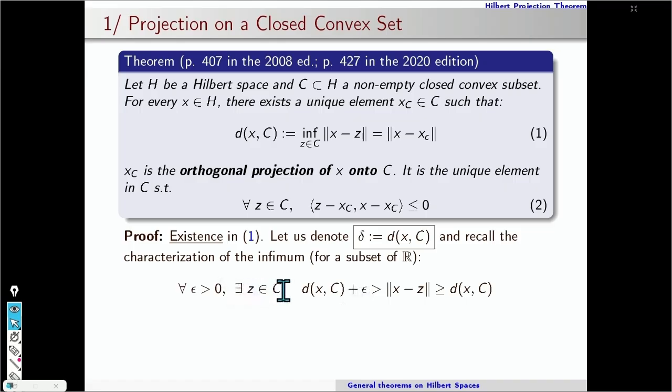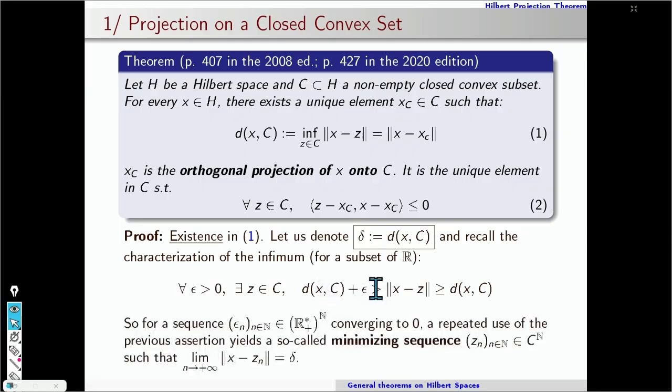So there will exist an element z in C whose distance to x is smaller than this quantity. If I repeat this argument for a sequence of strictly positive numbers which converges to 0, I will obtain a sequence of points, known as a minimizing sequence, whose distance to x converges to delta.